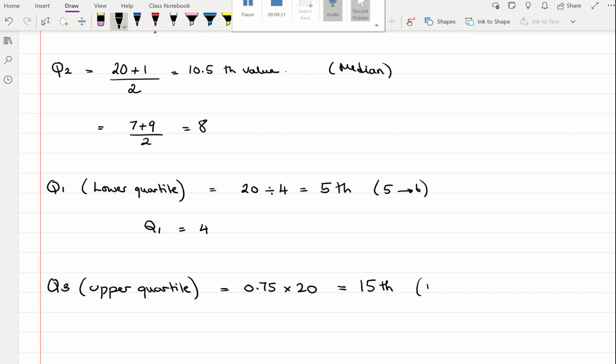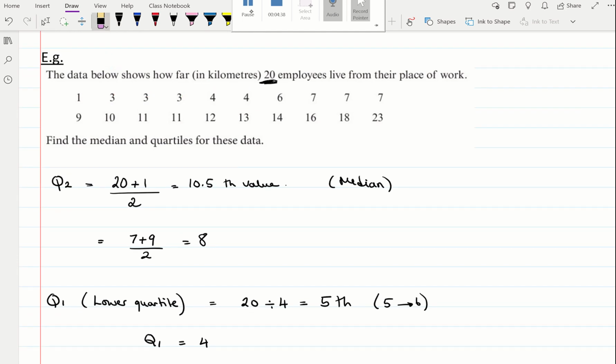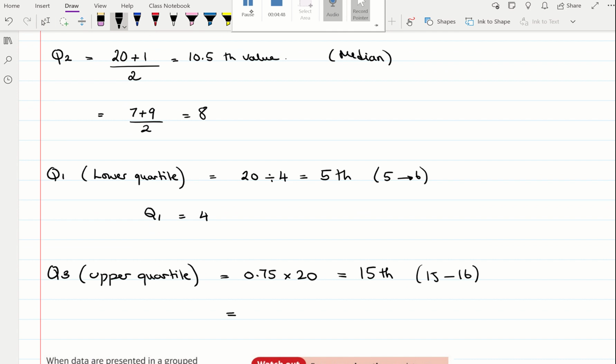And again, because it's a whole number, it's between the 15th and the 16th. So I know up to here is 10, 11, 12, 13, 14, 15, 16. So again, I add them up and divide by 2, and that's 12.5. So the upper quartile is 12.5.